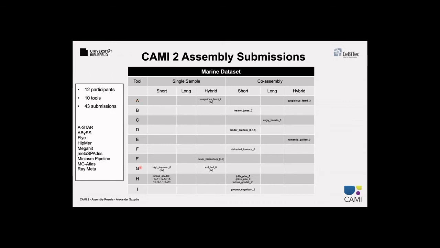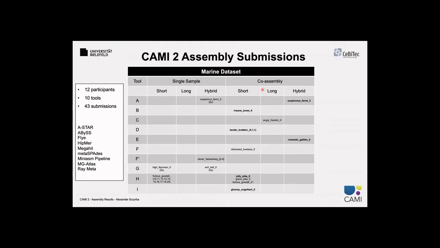So we are still in the process of evaluating it, so I will not reveal the real tool names. So we came up with these sort of, well, arbitrary names. But we have 10 tools in total, and as you can see, some participants used the same tool and submitted results for these tools. Altogether, we got 43 submissions.